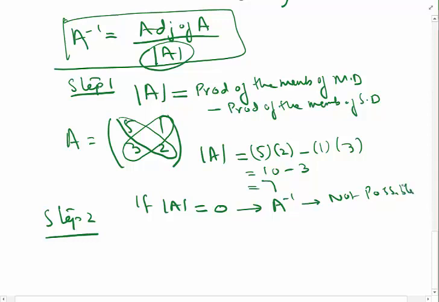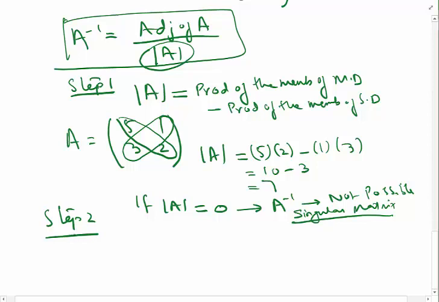This is a very important point which you need to remember: whenever the determinant of a matrix is equal to 0, the inverse of that square matrix is not possible, and that kind of matrix is called a singular matrix, meaning a matrix whose determinant is equal to 0.